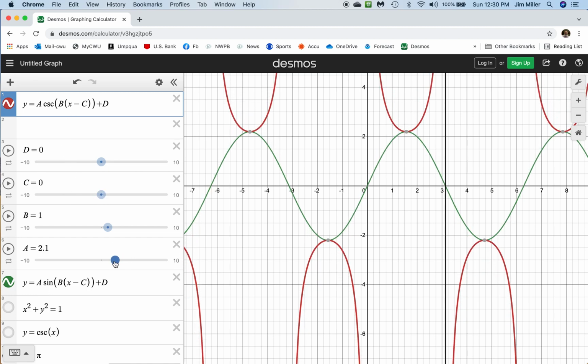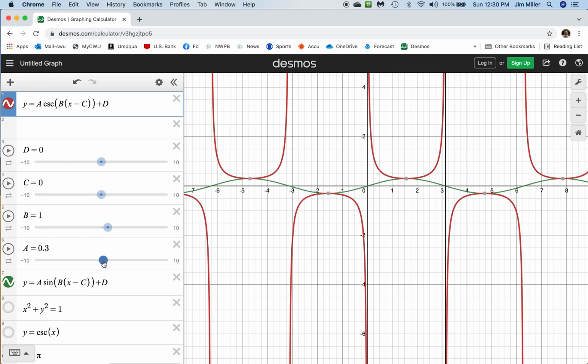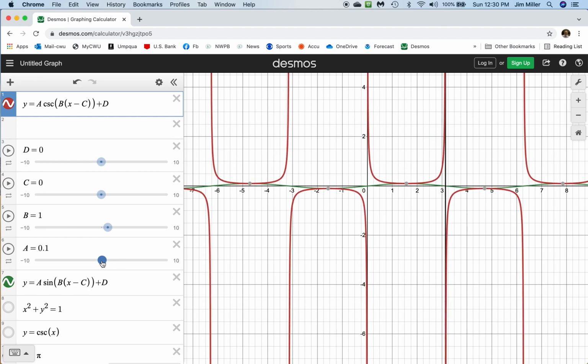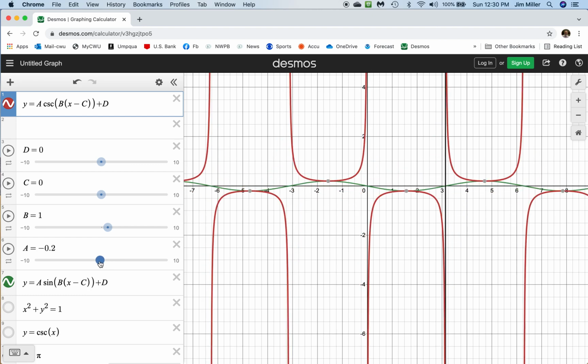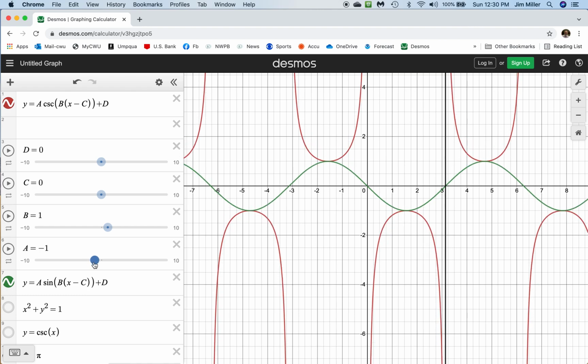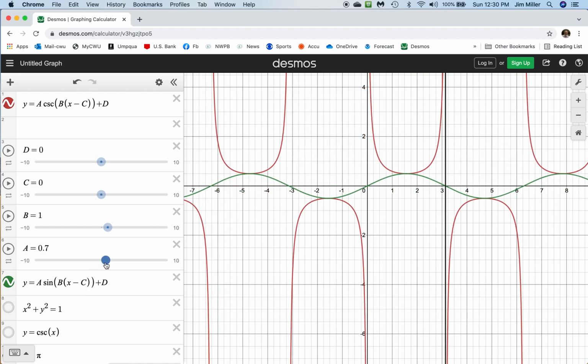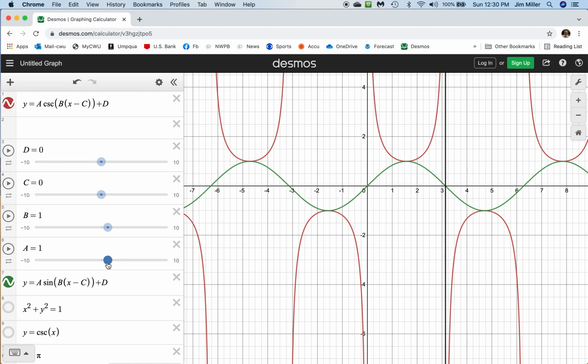And if I go smaller, notice how they get blunter, and then all of a sudden if I go negative, they flip over and go the other way. They stay on the crests and troughs of the sine curve. So if you can draw a sine curve, you can draw the cosecant curve.